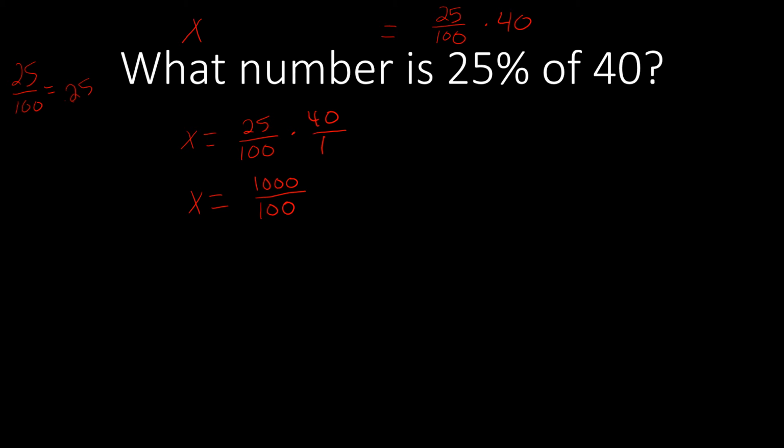And here I've got a bunch of zeros, and if you remember from the beginning of the quarter, I said that if you've got zeros on the top and bottom, you can just cancel the zeros. And here I'm left with 10, so the answer is 10.